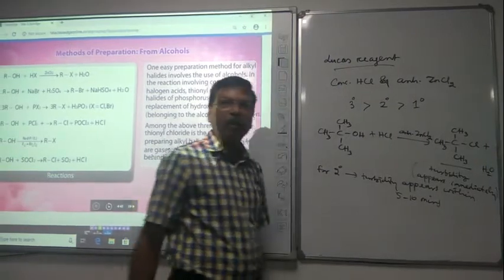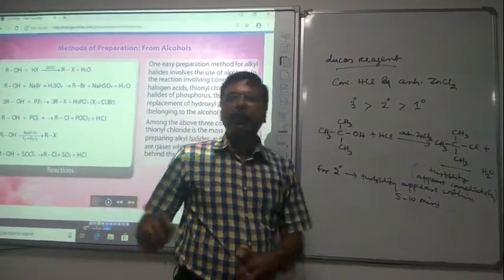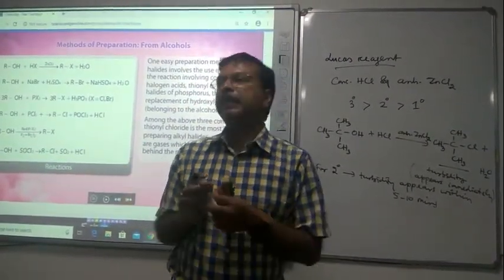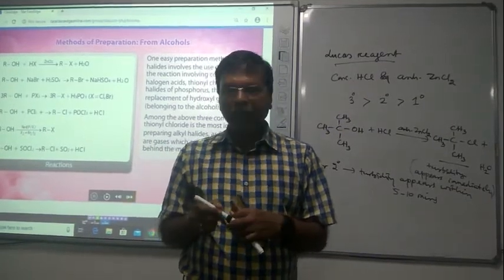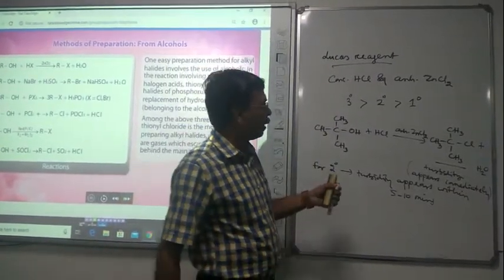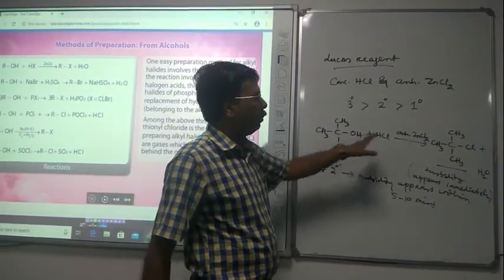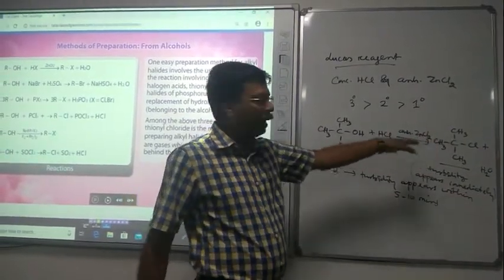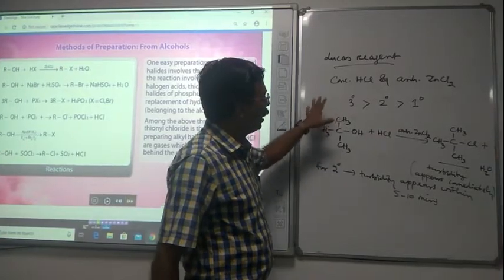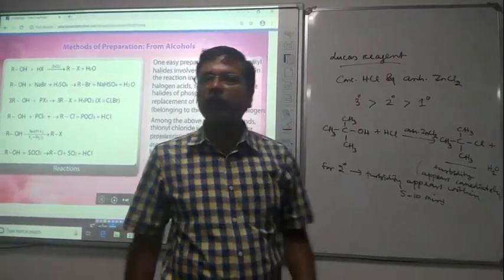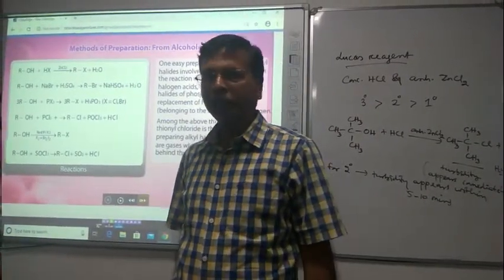And for primary alcohol, turbidity does not appear at room temperature because primary is very less reactive. So this reaction is the preparation of alkyl halide, particularly chloride. At the same time, this reagent we can take to distinguish primary, secondary and tertiary alcohol from each other.